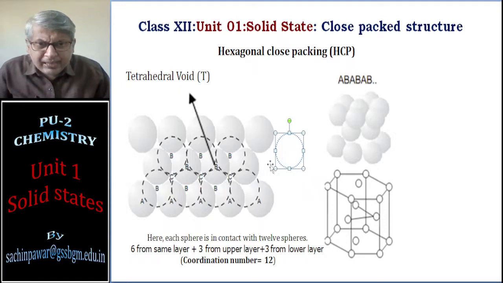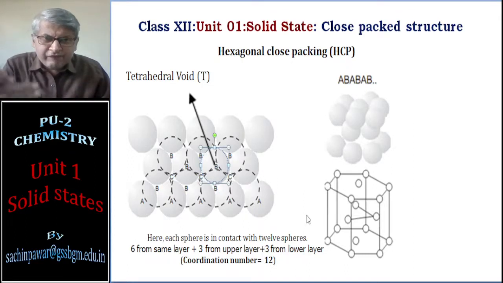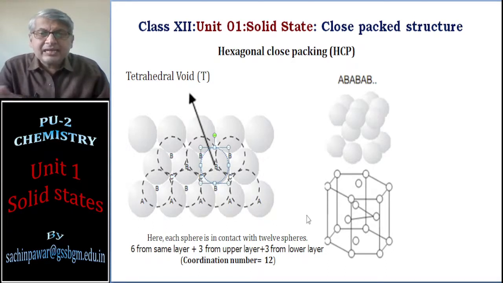Now when I place below the B voids, you see the particles of the first layer are coming. So when I place the particle of the third layer on the B void, then the particles of the first layer and the third layer get aligned.